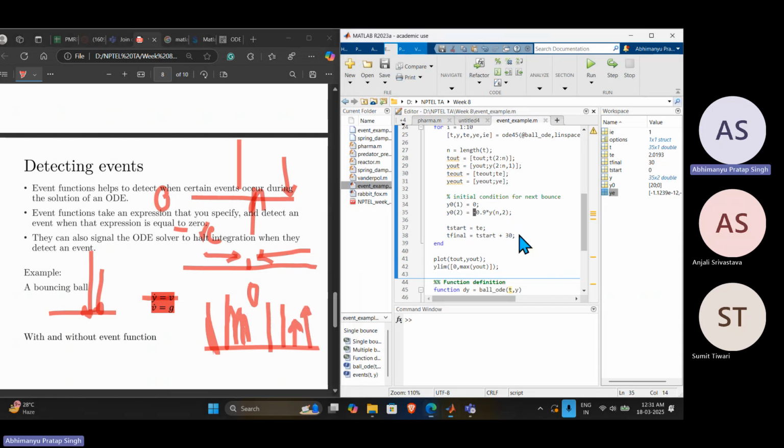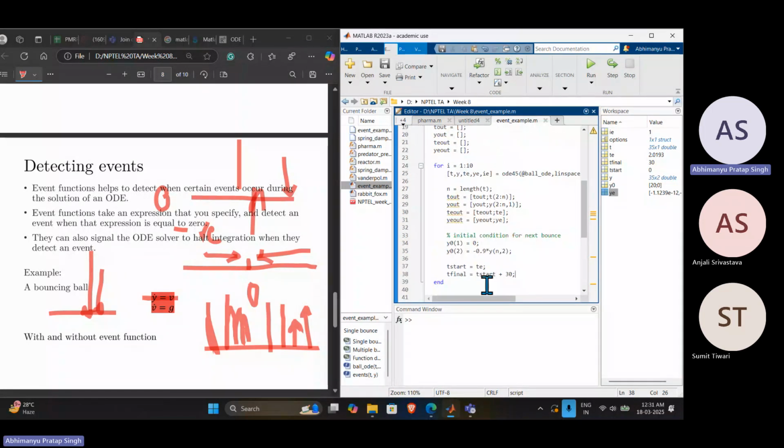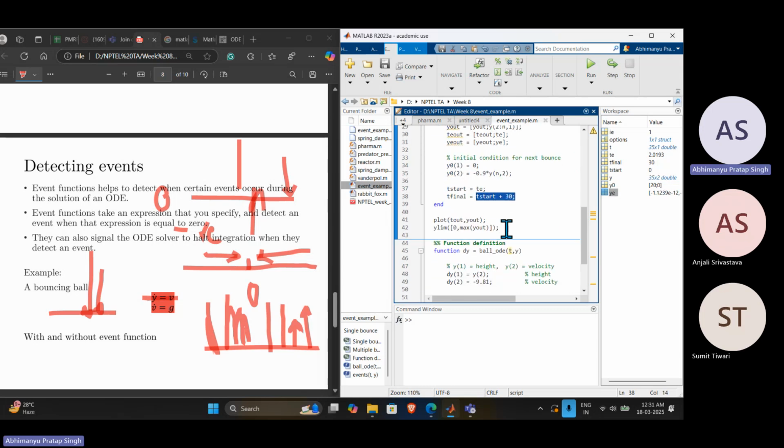And my t start is then the time step when the ball last touched the ground, and then I'm running it for 30 seconds after that. But it will not run for 30 seconds. It will stop in between when the ball touches the ground again. Okay. And then I'm plotting it.